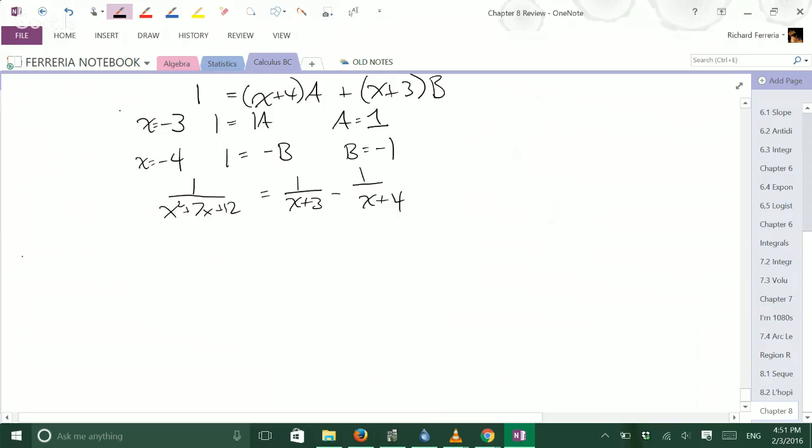Antiderivatives. The antiderivative of dx on top of this: we'll do the antiderivative of 1 over x plus 3 minus 1 over x plus 4, dx.